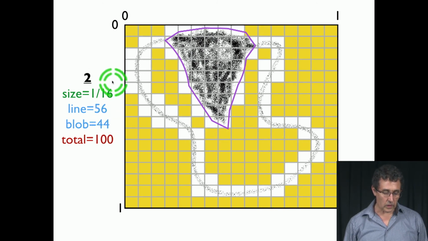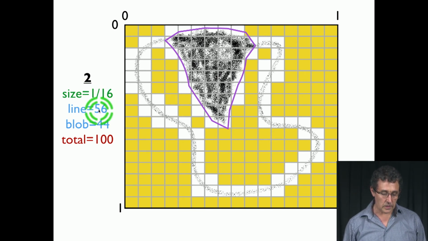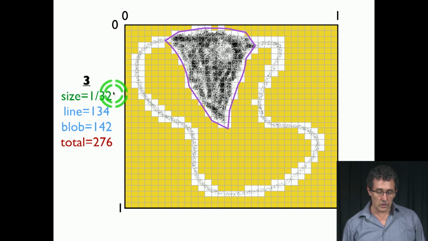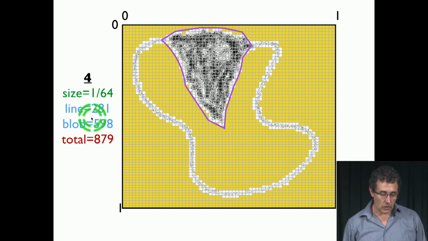But now that we're looking at 1/16, we see that the number of squares that the blob touches is very close to the number of squares that the line touches. If we go even further, the relationship reverses, right? So now we have more squares touching the blob and fewer squares touching the line. If we go even further, we see that there are significantly more squares touching the blob and fewer touching the line.